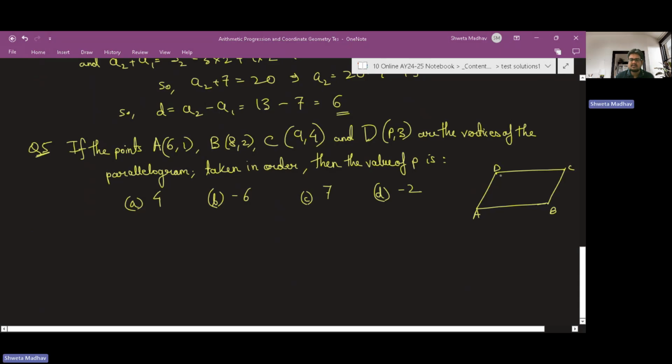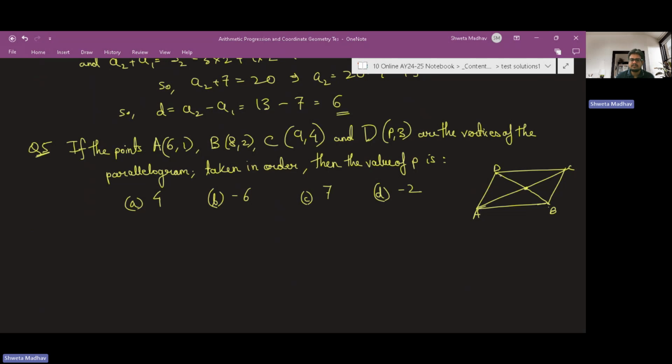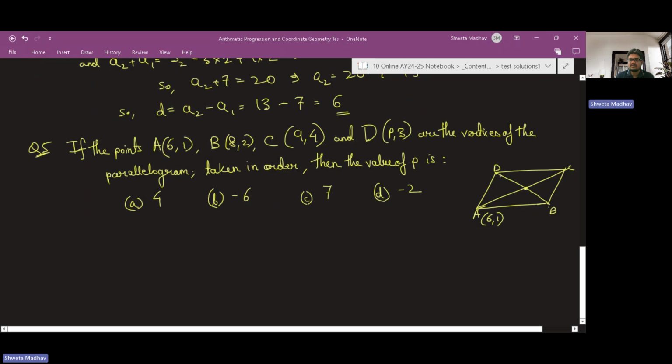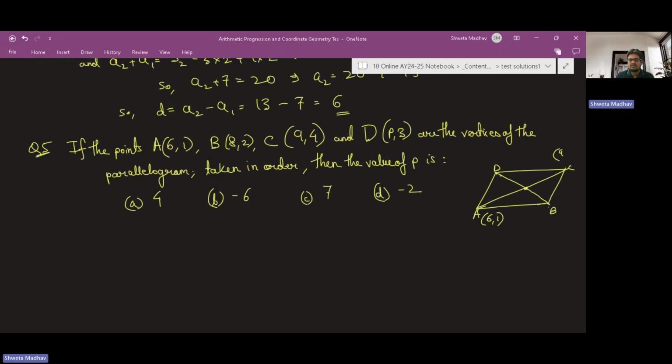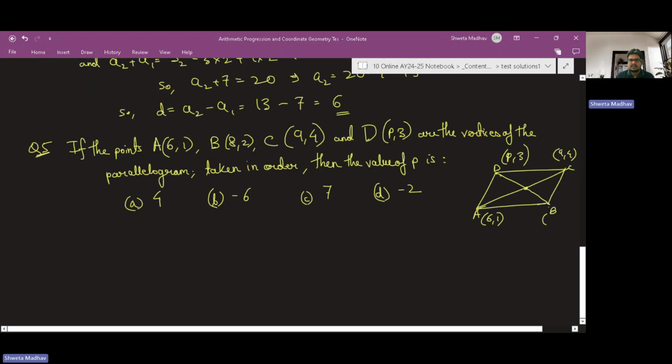We can say that the diagonals will bisect each other. So it means the midpoint of B and D should be the same as the midpoint of A and C. So A is 6, 1, C is 9, 4, D is 3, 3, and B is 8, 2.